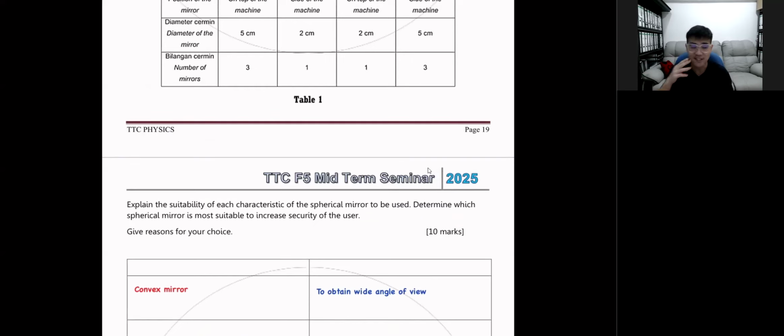Sometimes there are scammers or robbers behind you. You might not notice, but with the mirror, you can see suspicious people behind you. Some people look at your password, and then they will steal your card after looking at the password. Then they can withdraw your money out from your bank account.